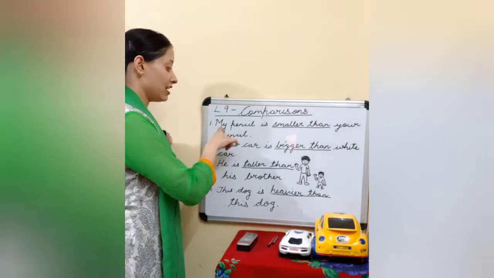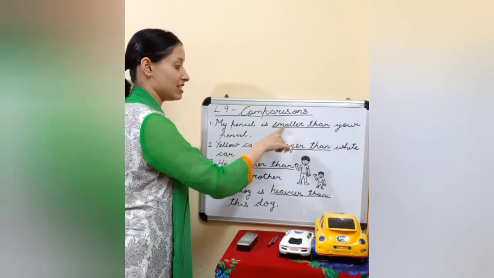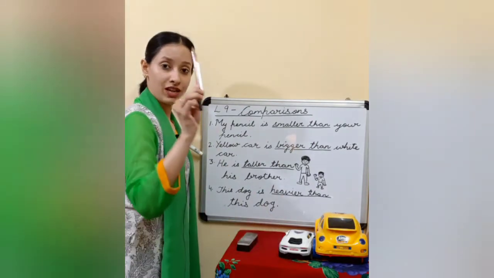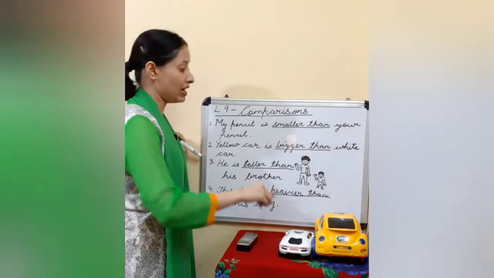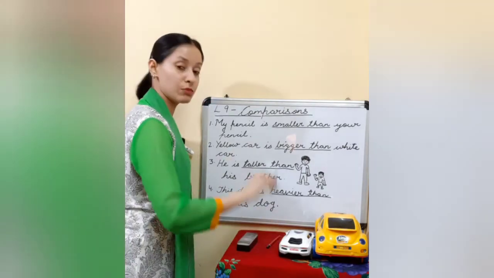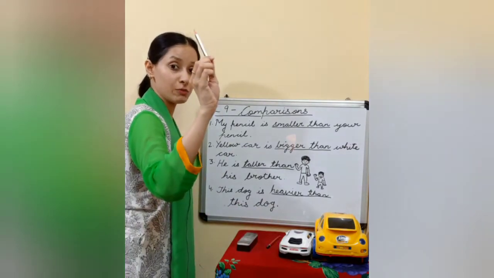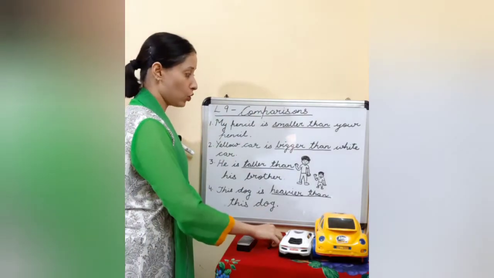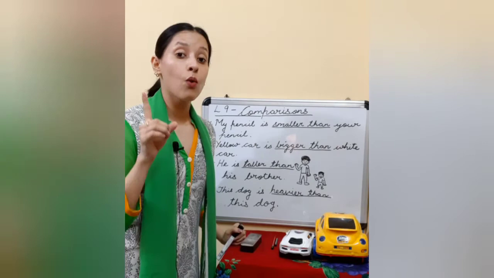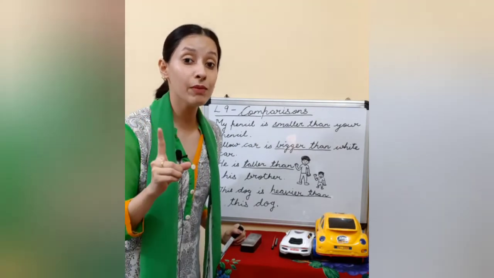And see, my pencil is smaller than your pencil. This is the way we compared these two pencils, right? Now, small was the describing word. Do you remember? Small was describing this pencil, right? So, when we compare, what do we do with the describing word?